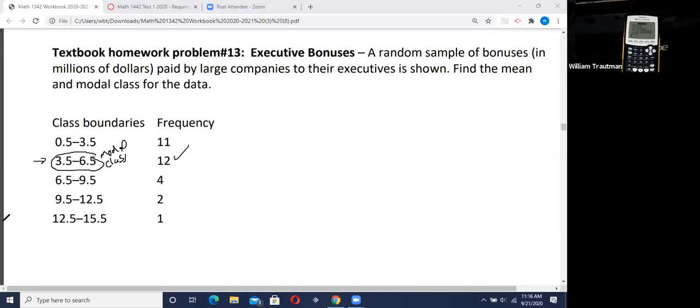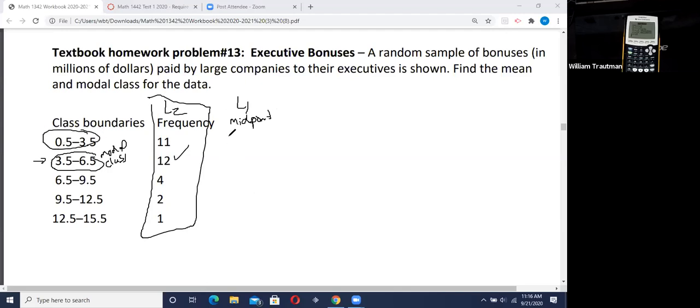Remember, when we're using group data like this, frequency always goes into L2. In L1, we put the midpoint. Add these two together and divide by 2.